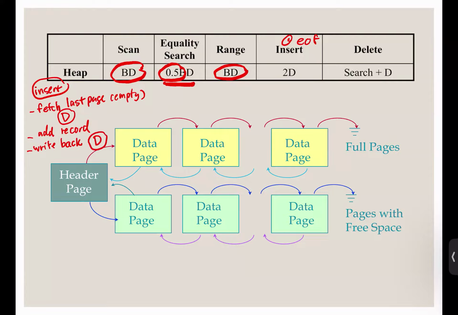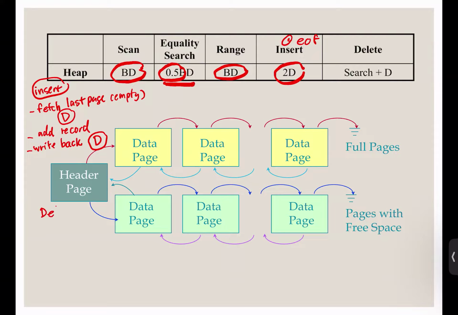So the write back would take you another D time. So one read of the current page onto main memory, then you update by adding one new data record, and then you write that page back onto disk so that the change will be permanent. All right, so one read, one write. So total, that's 2D.